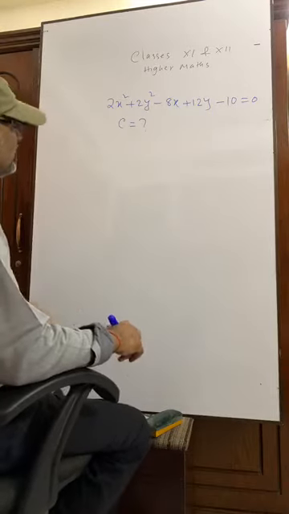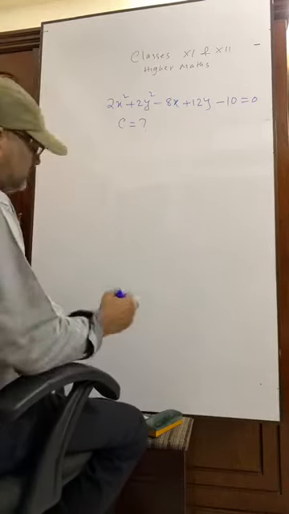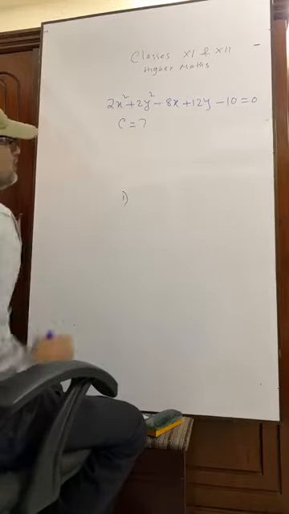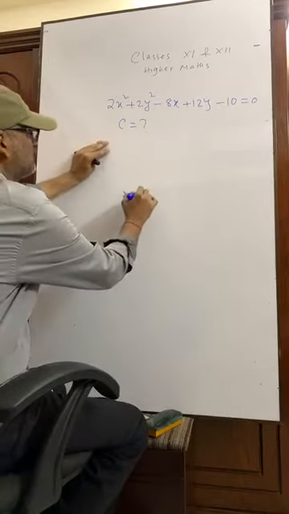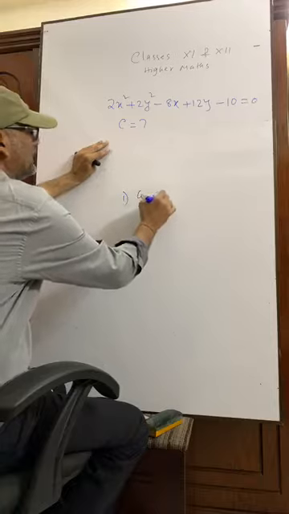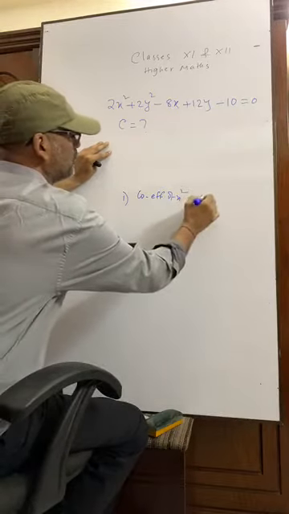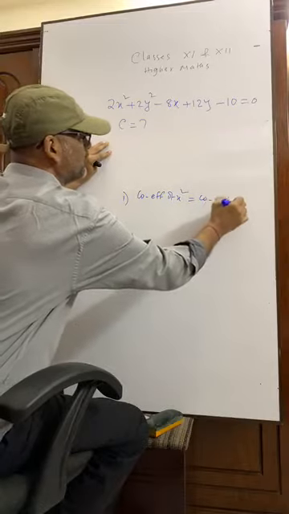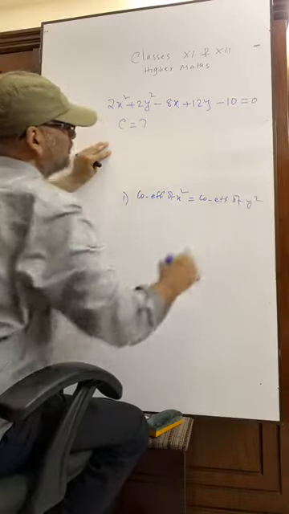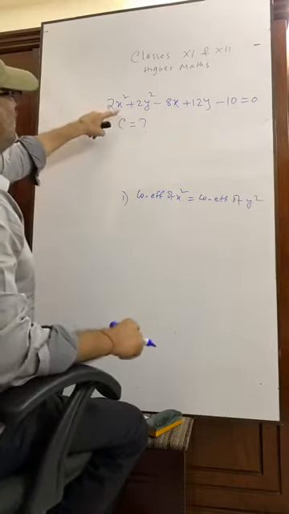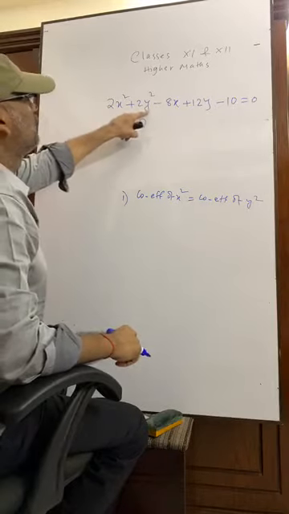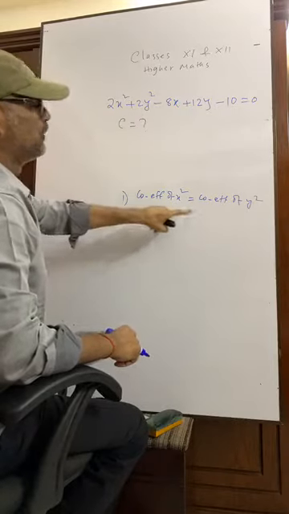To become a circle, what is the condition? Condition number 1, the coefficient of x square will be equal to the coefficient of y square. So yes, the coefficient of x square is 2 and here the coefficient of y square is also 2. Okay?